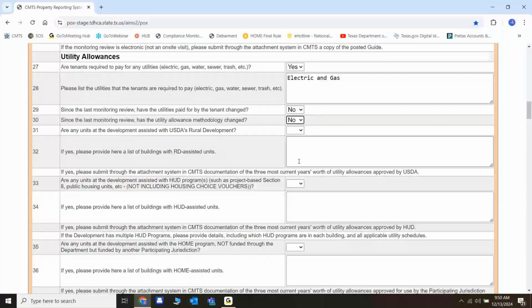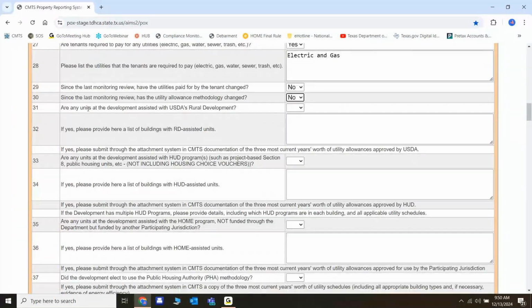Then we're going to see, are there any units that are assisted with rural development, USDA, RD, 515, whatever you want to call it? If the answer is yes, then you're going to put in what units are assisted. So I have one in, or you can even, if it's all, you can say all units. You don't have to list the unit numbers.